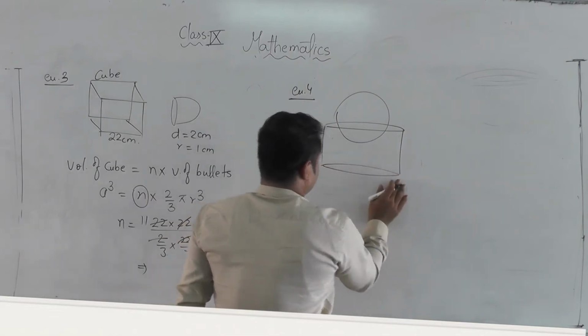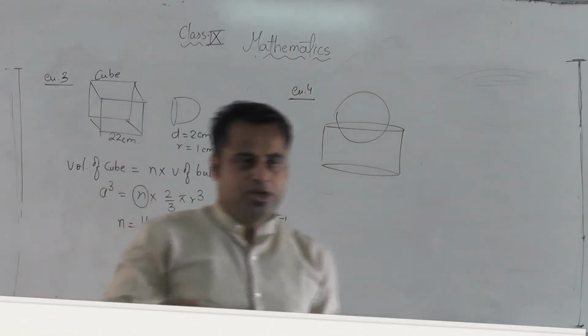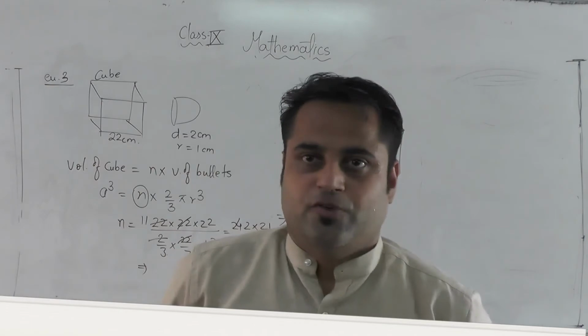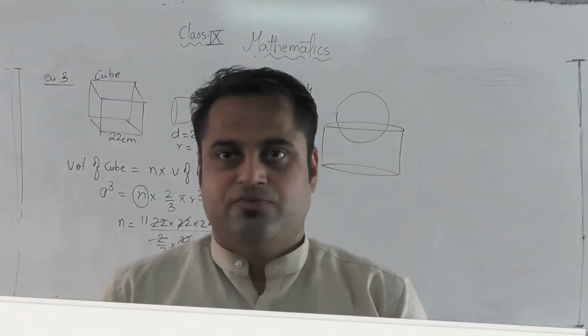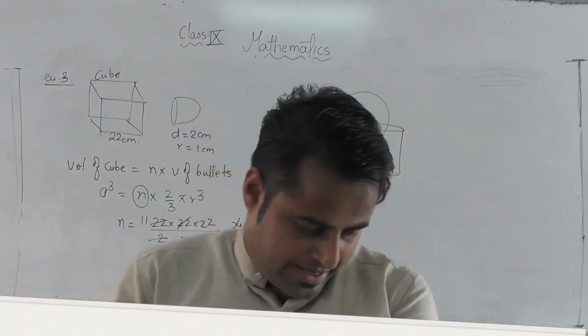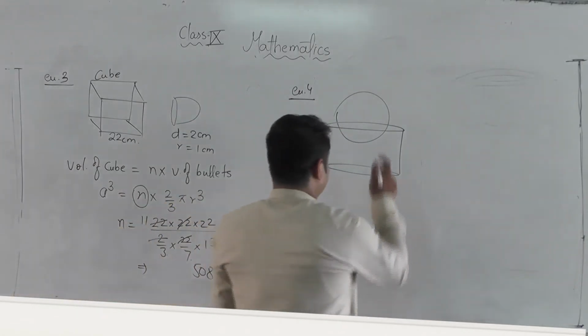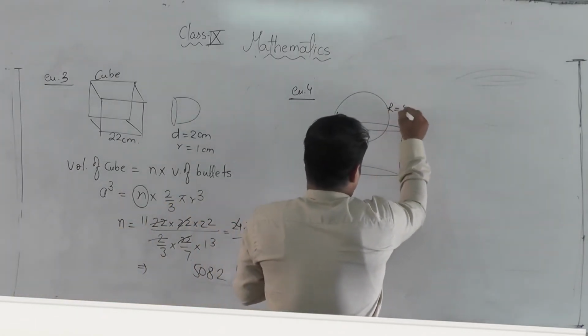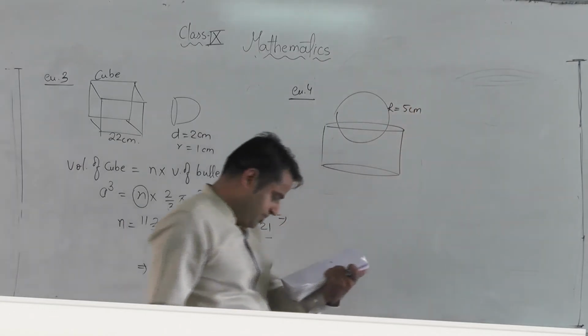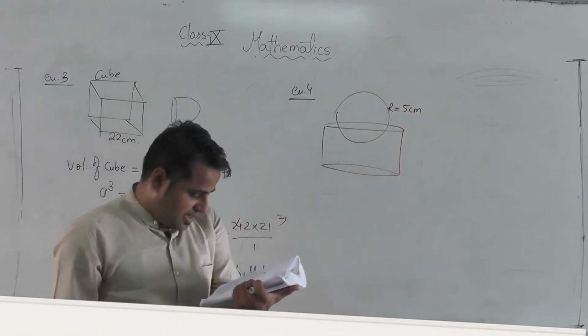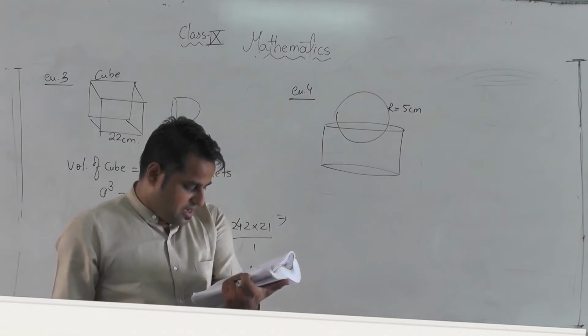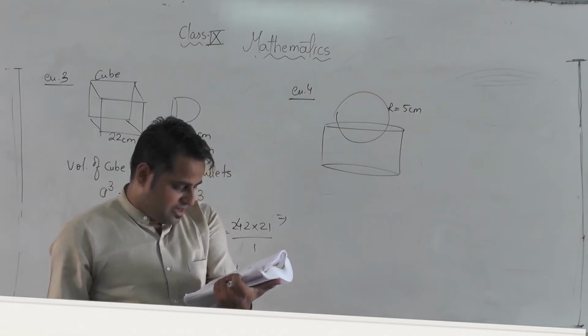Immersed means it is actually on the surface of the water and it actually implies some force on the water. And it says that its radius is 5 cm. So the radius of the sphere is 5 cm.